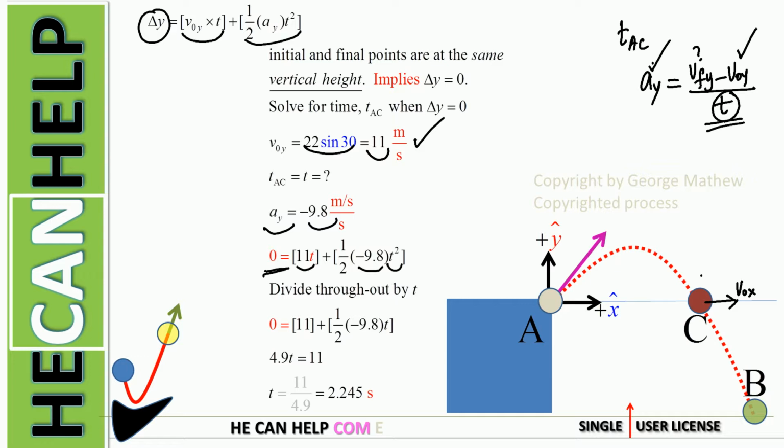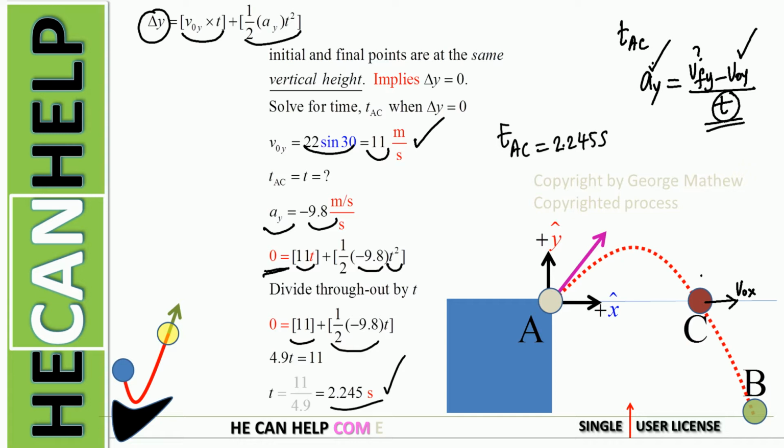Now you cancel time by dividing throughout by time, and you get 0 equals 11 plus 1/2 negative 9.8 times time, from which you get time is equal to 2.245 seconds. So time to go from A to C is 2.245 seconds.